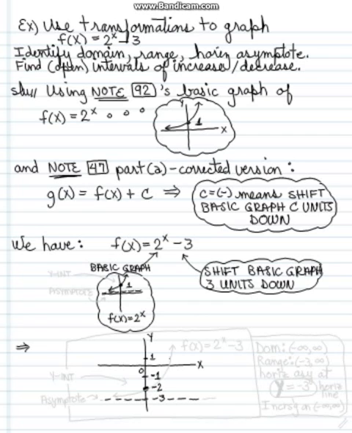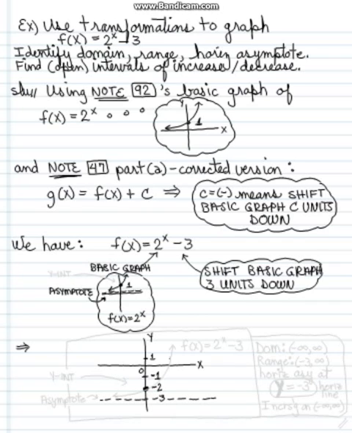So here we are drawing the picture of the asymptote 3 units below its original position in the basic graph, f of x equals 2 to the x. And then we're locating the y-intercept 3 units down from its original position, from 1 down to the position negative 2. And then we're going to go ahead and draw the same asymptote.